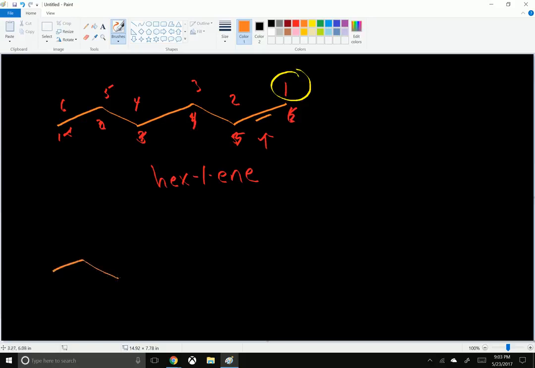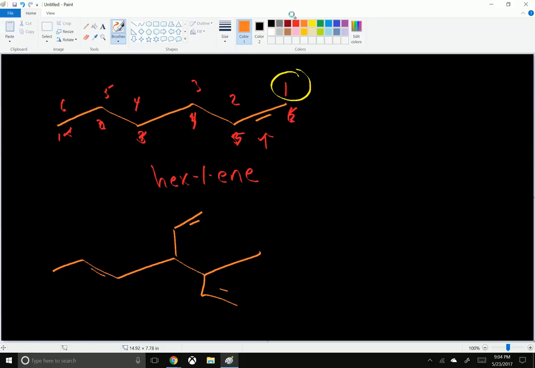Now let's do another one. Once upon a time, the rules would have been to find the longest possible chain that included as many side chains as possible, as many double bonds as possible. They have since discarded that rule, but if you have an older colleague or coworker, then they might still be stuck in a rut when it comes to this sort of thinking.